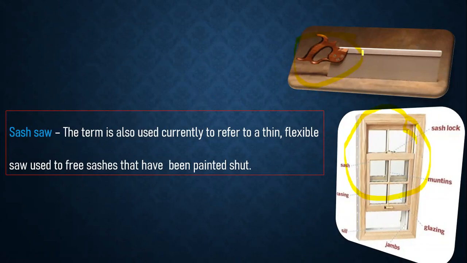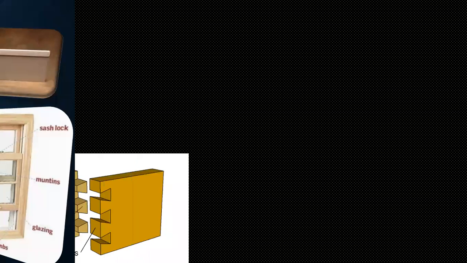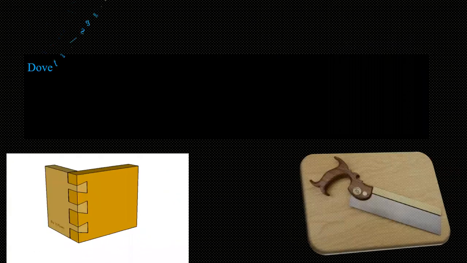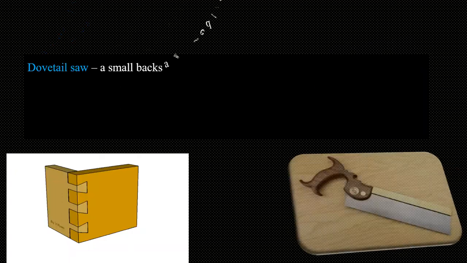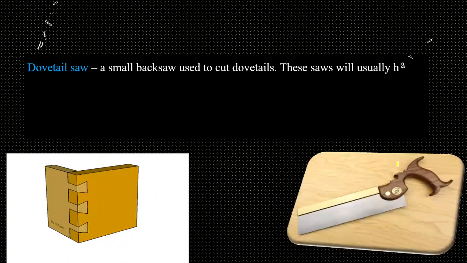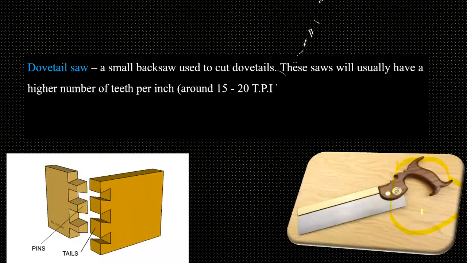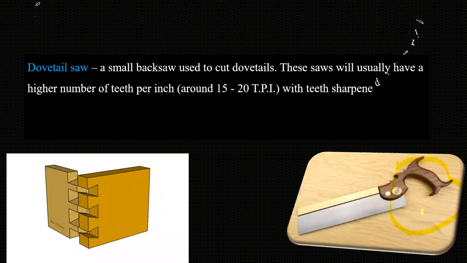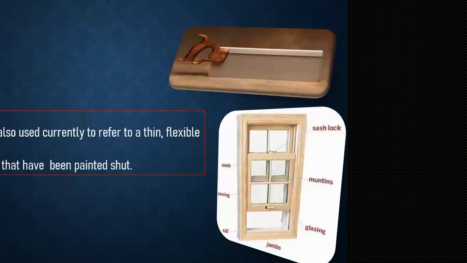The sash saw is simply a smaller tenon saw. Then we have the dovetail saw. The dovetail saw is also a back saw, similar to the tenon saw. However, the handle has a different design. You can see the handle is open, unlike the tenon saw, which has the handle closed.